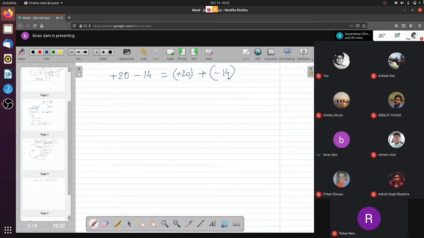In such situations, whether it is signed magnitude or some other type of number system, we will find out the maximum number of bits required to represent the numbers. Here, magnitude wise, which one is the largest? 20.